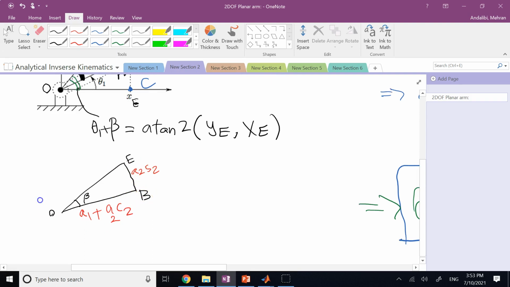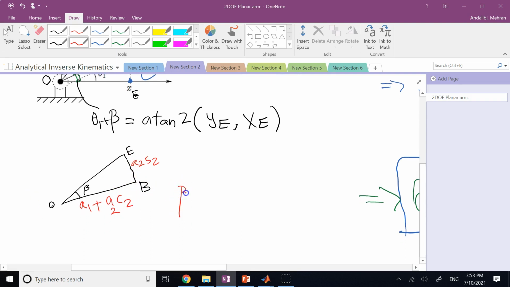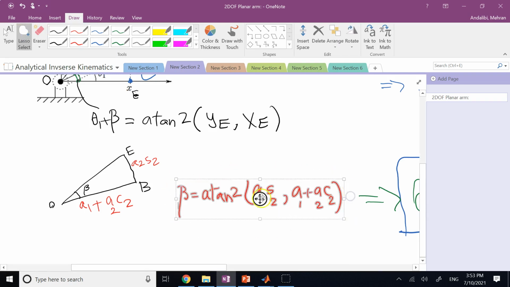A2 sine theta 2, and therefore beta can be written as arctangent 2 of the in front, which is A2 sine theta 2, and the adjacent, which is A1 plus A2 cosine of theta 2. There we go. I found beta.